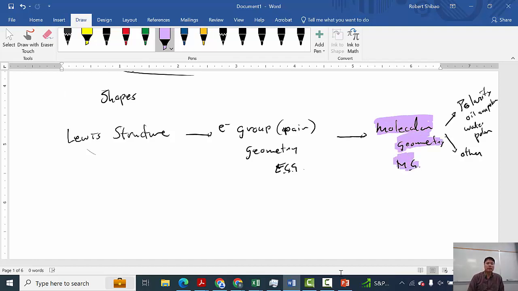And so ultimately what we're after is a molecular geometry. We just use electron geometry to take us to the molecular geometry, and so this is most frequently where we stop. So from the EGG, we get the shape and the angles of electron groups.